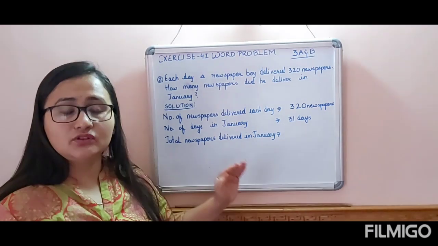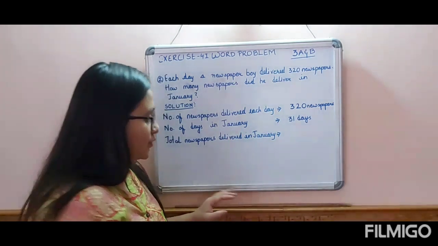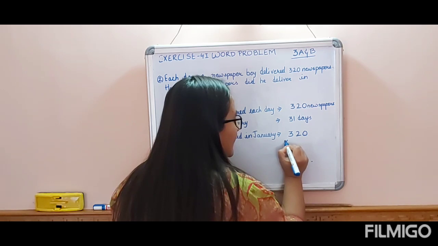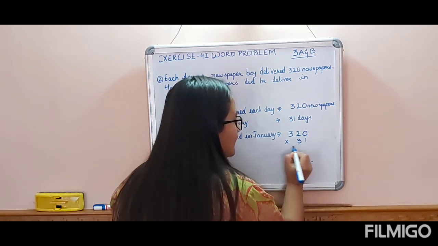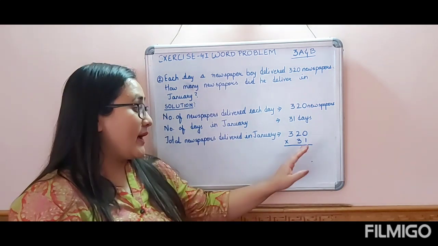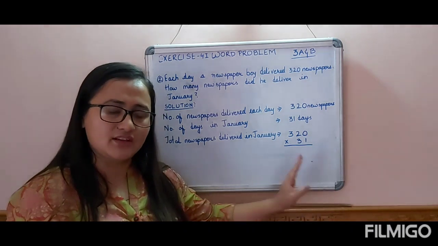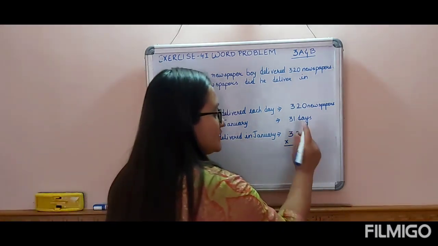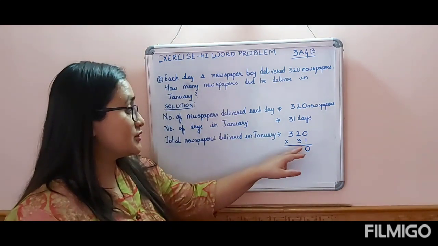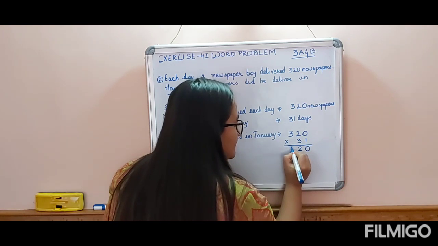You have to find out the total number of newspapers that he had delivered in January. Okay, 320 multiplied by 31. Do not forget to put this multiplication sign. Now as you all know, you will start multiplying from the ones place. 1 zeros are 0. 0 has no value. 1 twos are 2. 1 threes are 3.